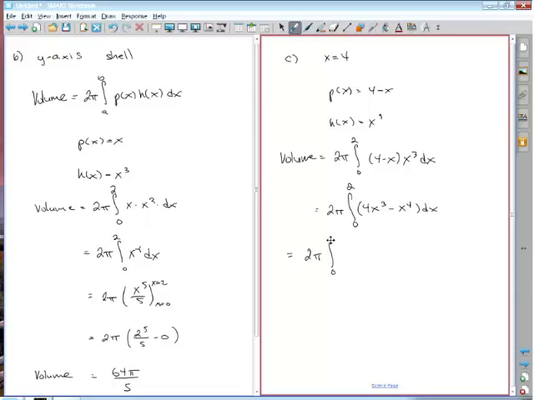So we integrate, and we'll end up with 4x to the 4th over 4 minus x to the 5th over 5, evaluated between x equals 0 and x equals 2. So we have 2 pi times, these cancel out, so we'll have 2 to the 4th minus 2 to the 5th over 5.